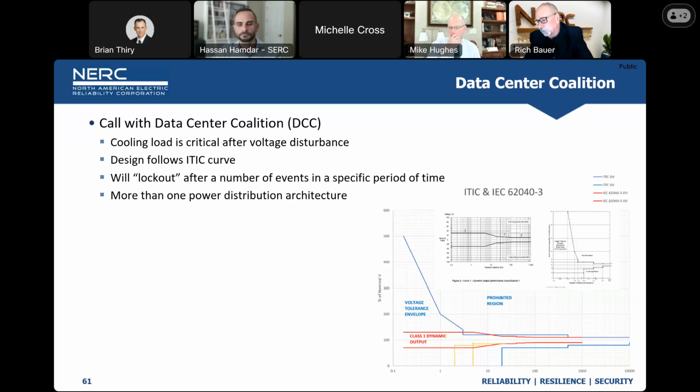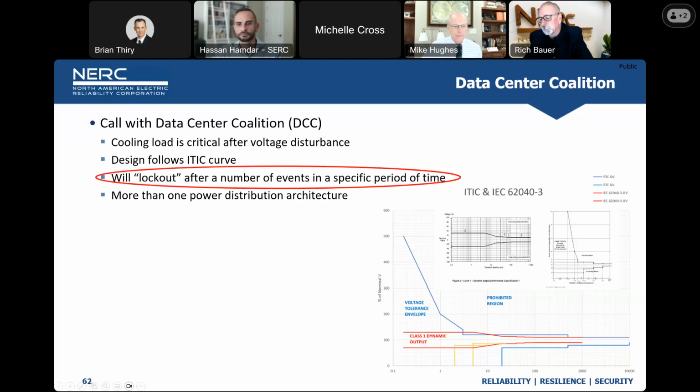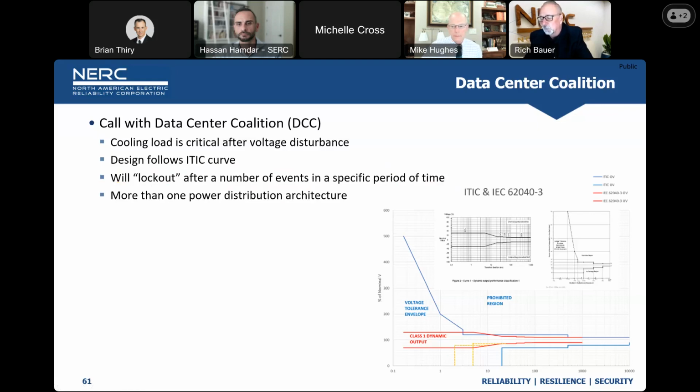And that's what that really small curve is up at the top in the middle. And then if you go down to the little bigger one now, down below, where you see this prohibited region, class 1 dynamic output, what they have now is they've changed the name of those curves, and they call them ITIC curves now. And I apologize, off the top of my head, I can't remember what ITIC stands for.